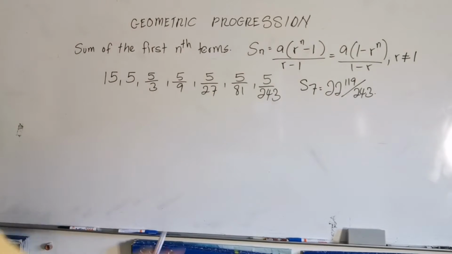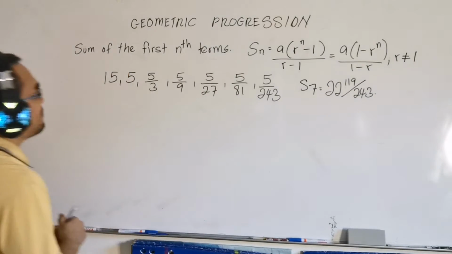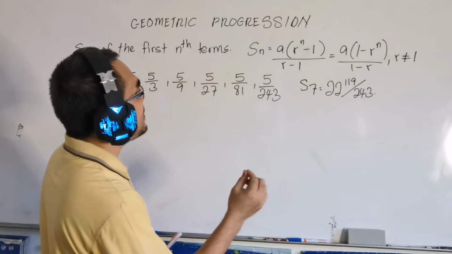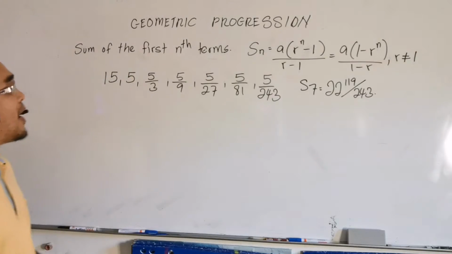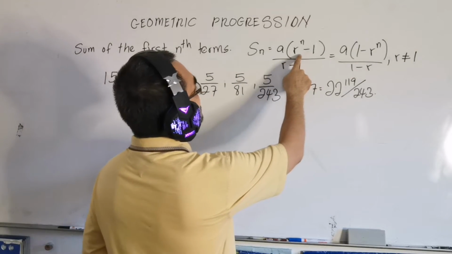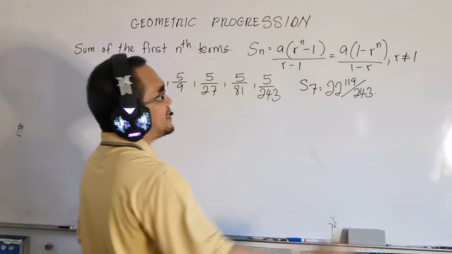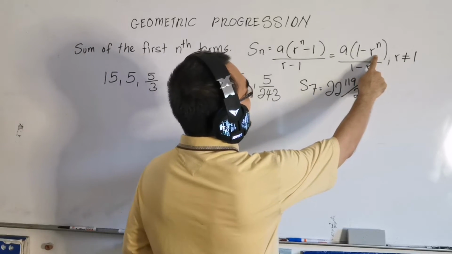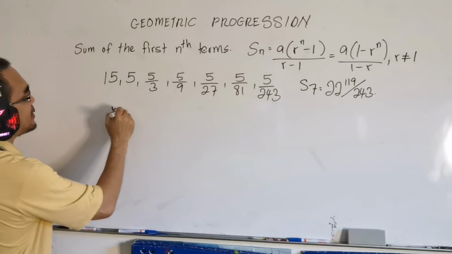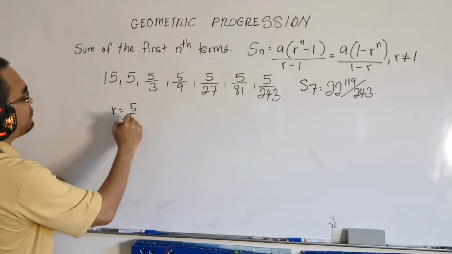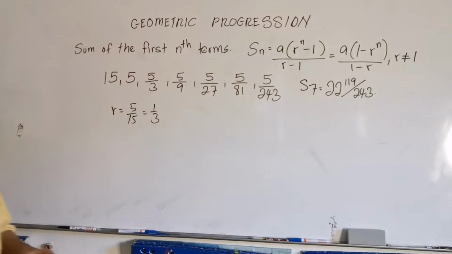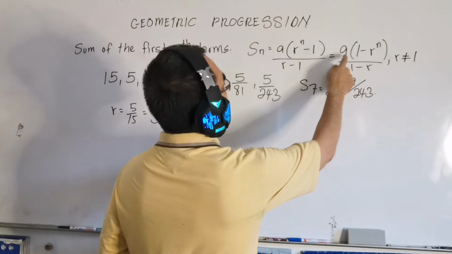So to calculate the sum of the first 7 terms, which formula do we use? It depends on the value of r. In this case, one formula is for when r is bigger than 1, and the other for when r is smaller than 1. So let's check the value of r. r is 5 over 15, which is 1 over 3. So the most suitable is this formula.